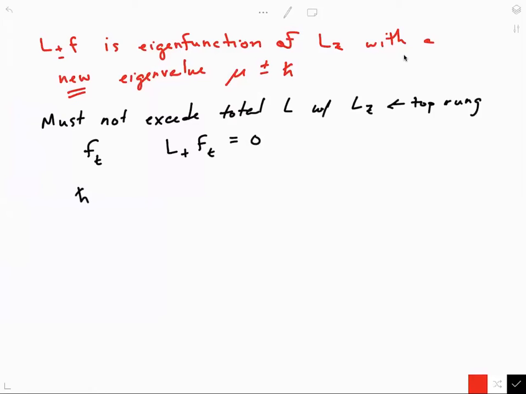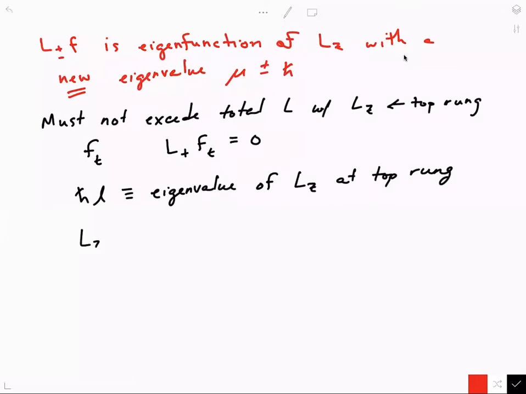So we're going to introduce h bar times L as the eigenvalue of this component at our so-called top rung of our ladder.